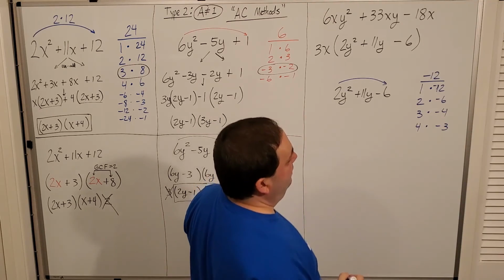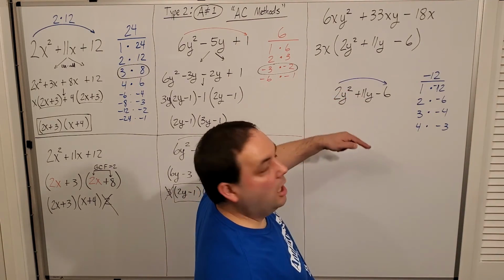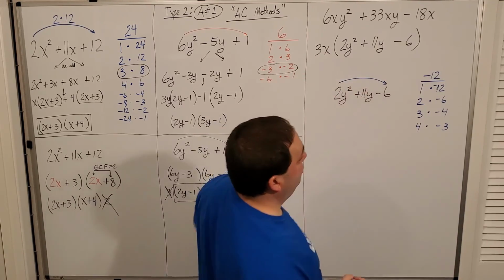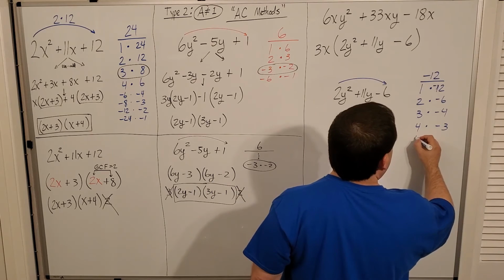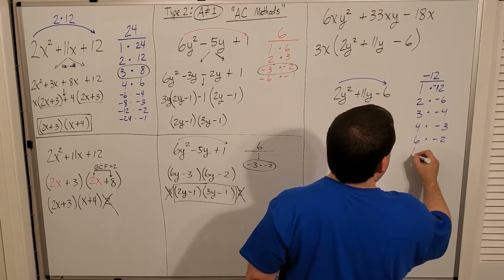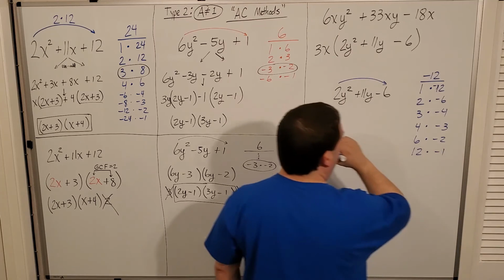And there's your repeat, right? I've counted up. And everything after this is just going to be the mirror image. So I'll do 6 times negative 2, and then 12 times negative 1.